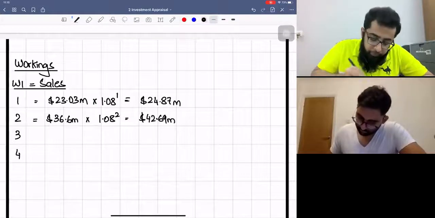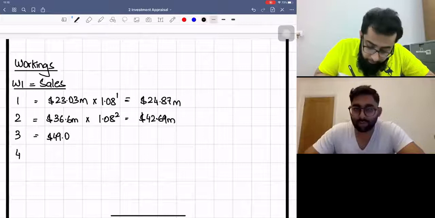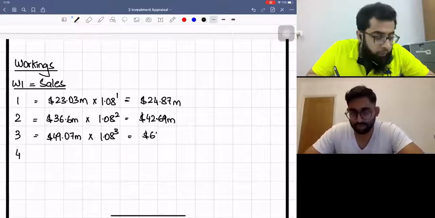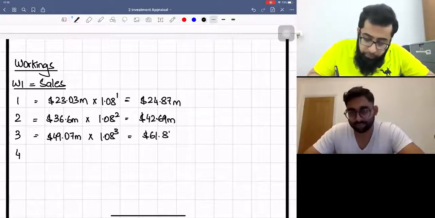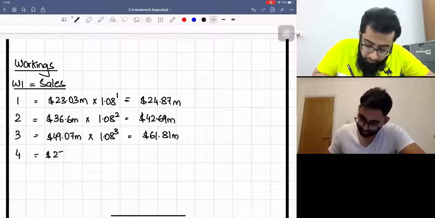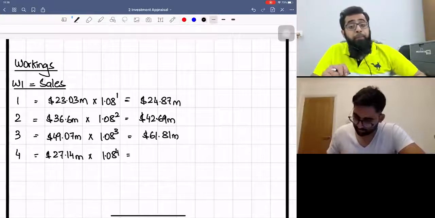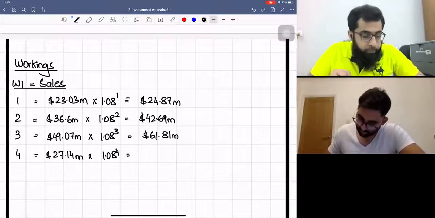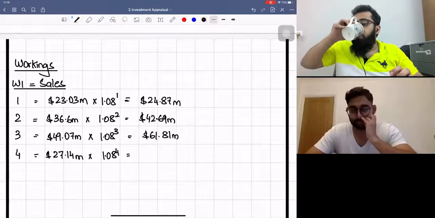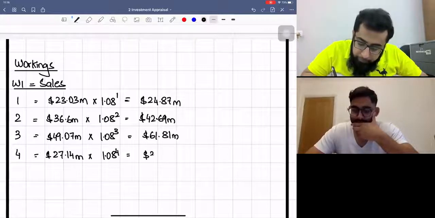Then 49.07 million times 1.08 to the power 3 is 61.81, and the fourth year sales is 27.14 times 1.08 to the power 4, which is 36.92 million.